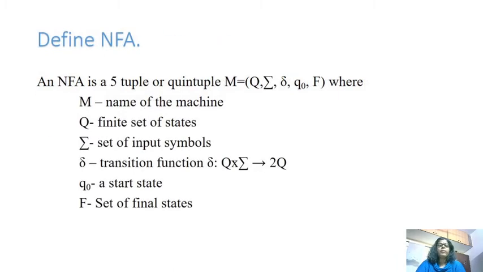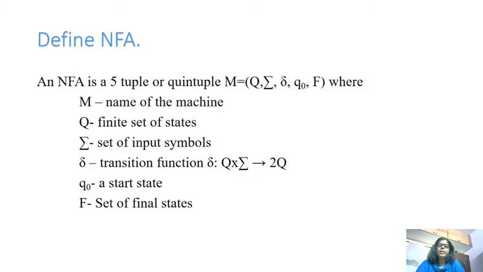Okay. Define NFA. What is an NFA? An NFA also contains 5 tuples like the DFA: Q, sigma, delta, Q naught and F. Q is the set of finite states, M is named as the machine, and sigma is the set of input symbols. Delta is the transition function.